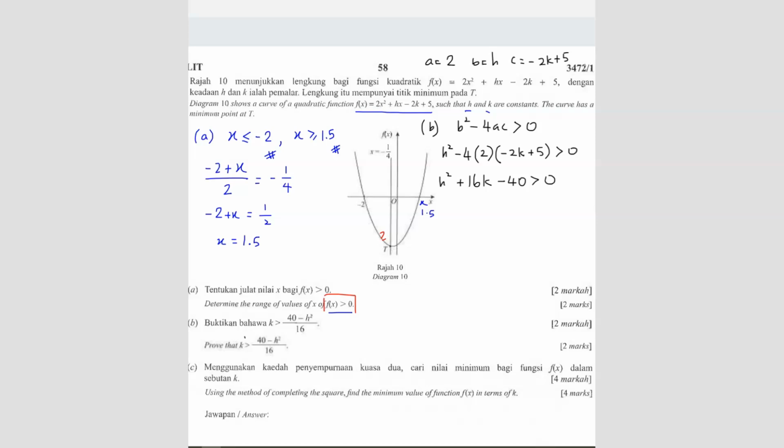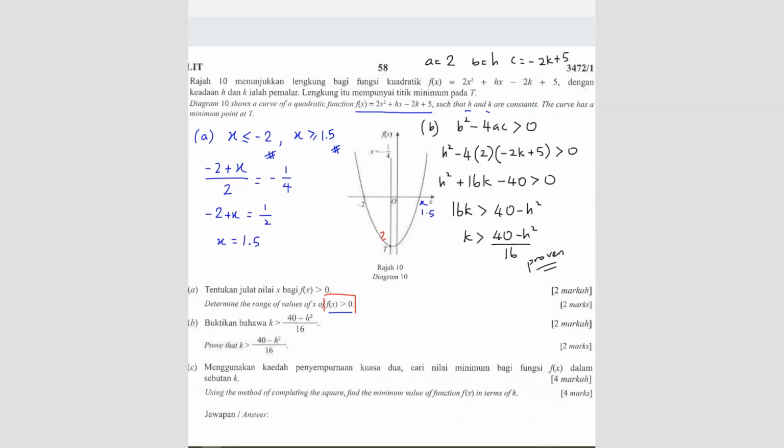Okay, so now we want to find k, right? So we shift the others. So we get 16k is more than 40 minus h square. Then k is more than (40 minus h square) over 16. So it's proven. Okay, that's what they're asking for.